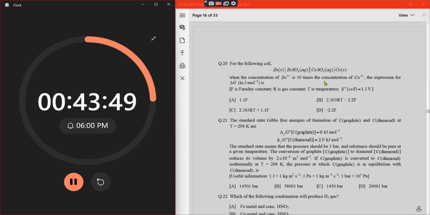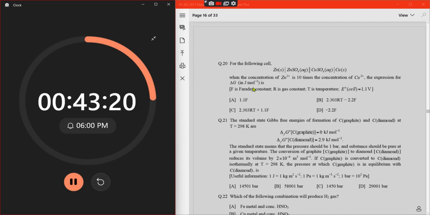And what you have over there is just Zn solid. This gives us Zn2+ and Cu solid, right? Yeah, that's our reaction. Okay, when the concentration of Zn2+ is 10 times the concentration of Cu2+, the expression for delta G is: delta G is equal to negative nFE, of course.